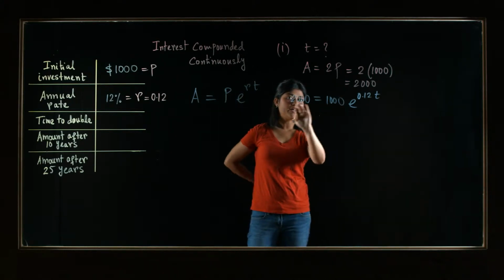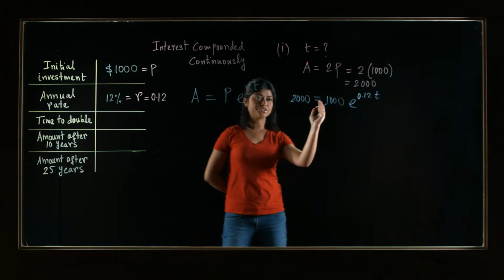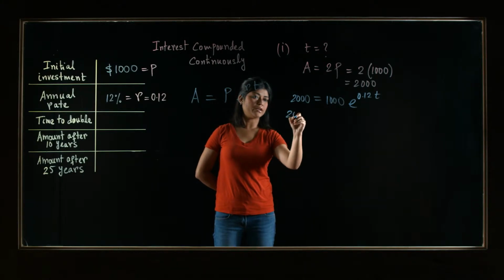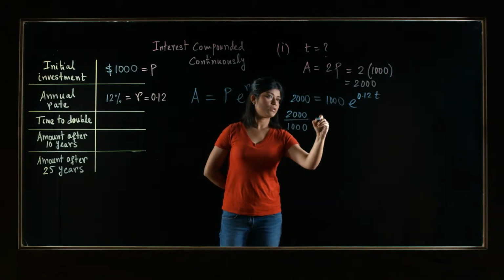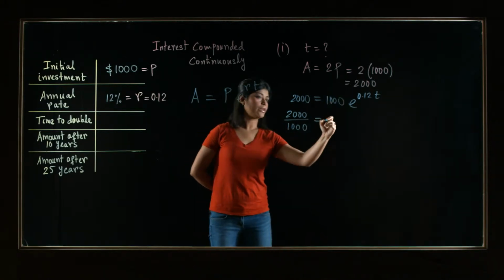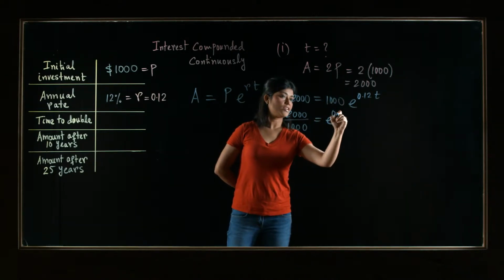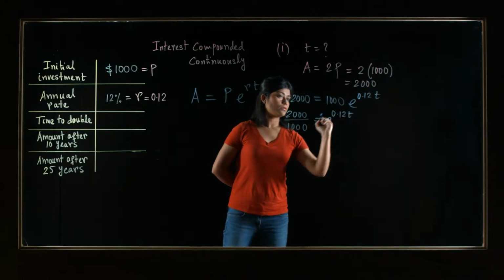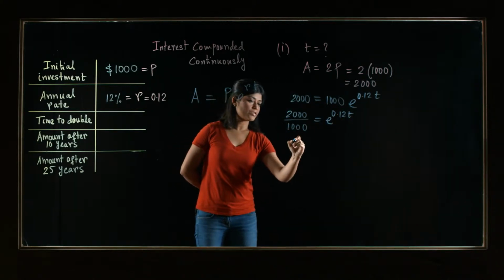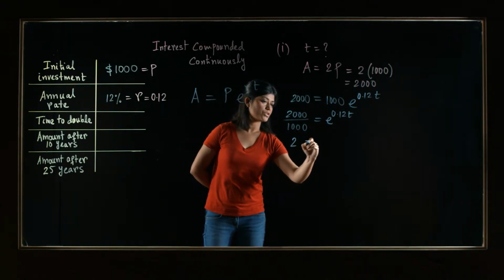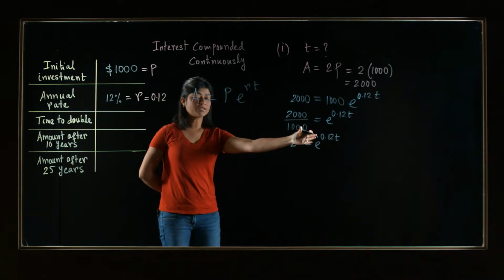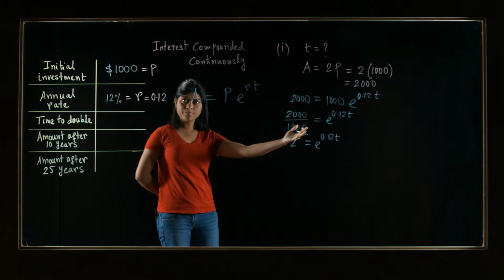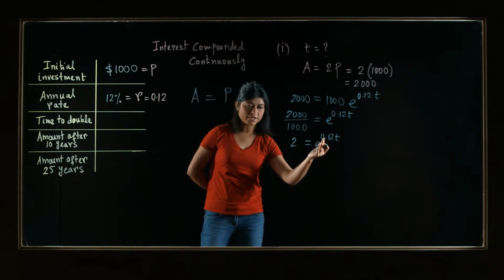Let's divide by 1,000 on both sides of the equation first. So you will have 2,000 divided by 1,000, and on the right hand side the 1,000 will go away, and you will be left with just the exponential function. So on the left hand side you have 2 is equal to e to the 0.12t. Now how do we compute t from there? You remember we have to apply natural log to both sides.